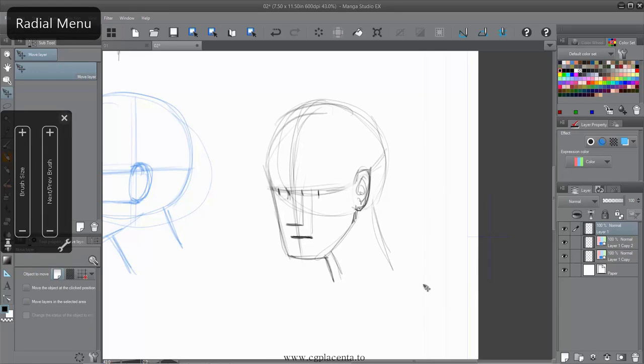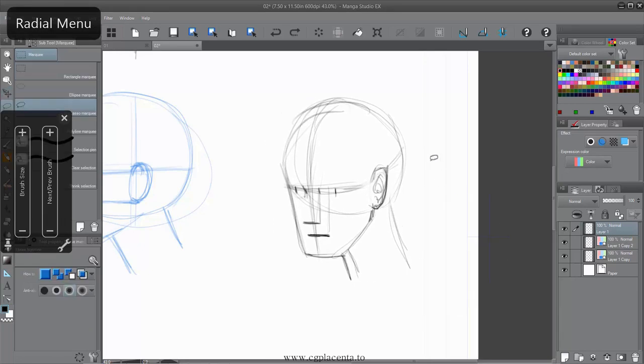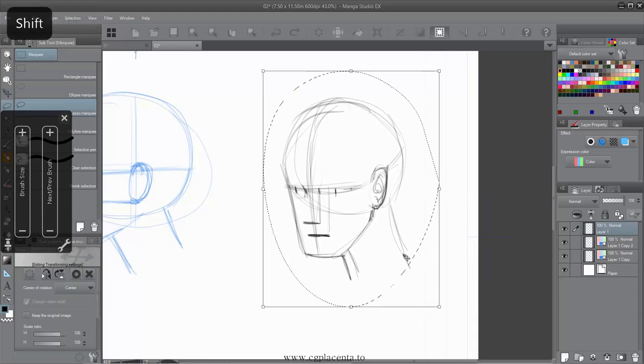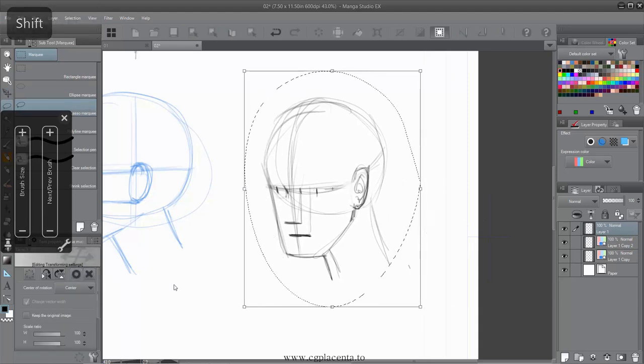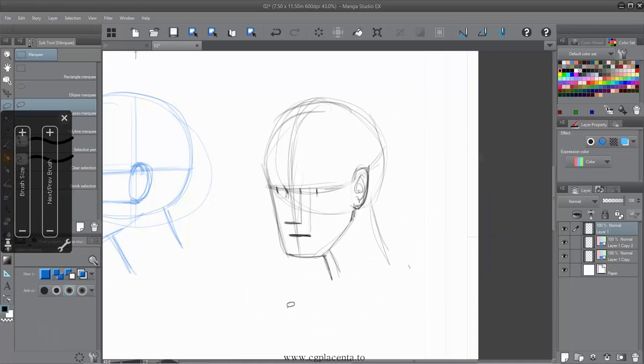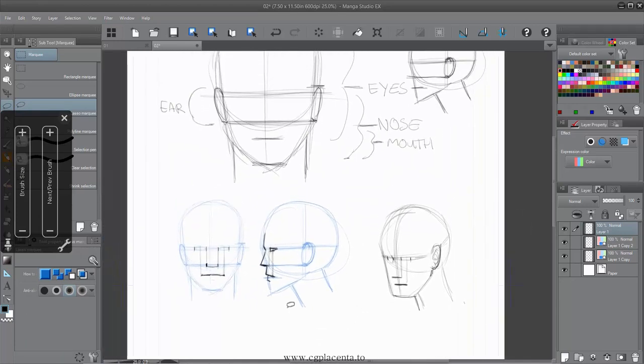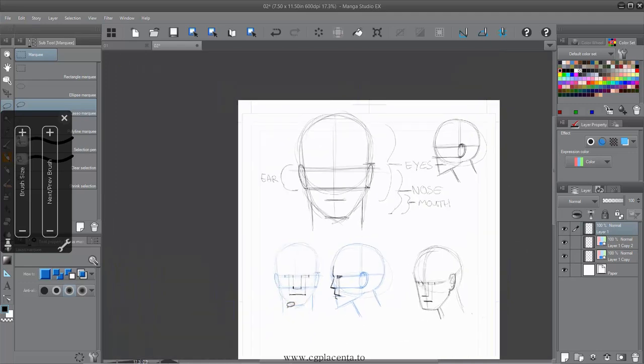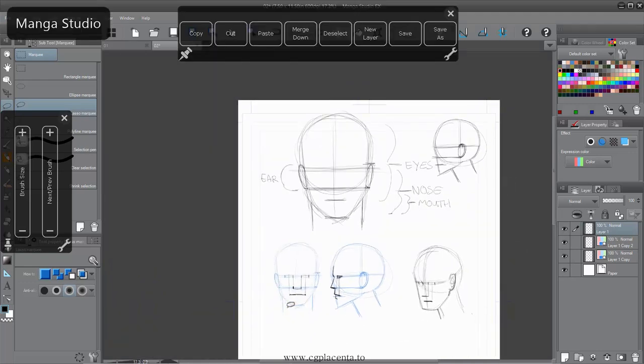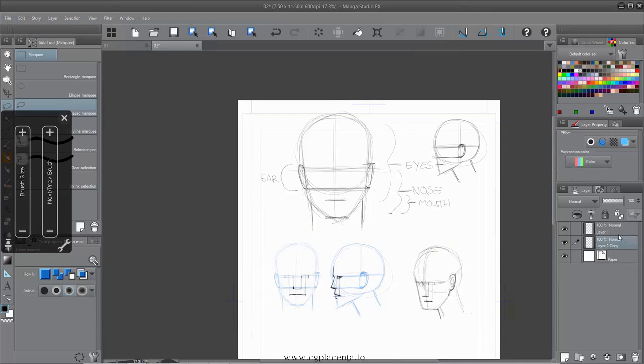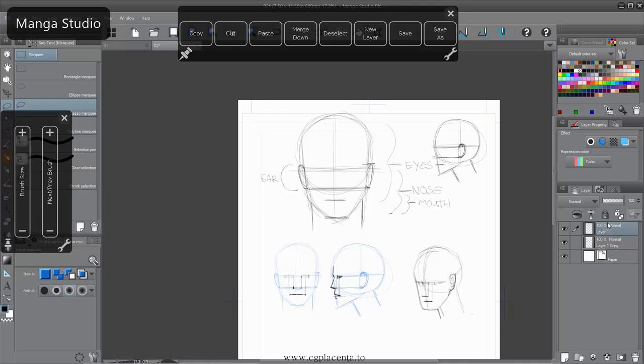Oops. Don't want to move that around. Okay, so these are the basic proportions that you need to remember.